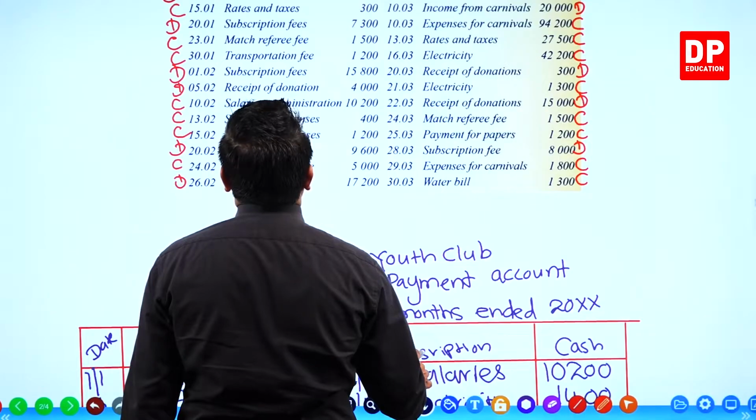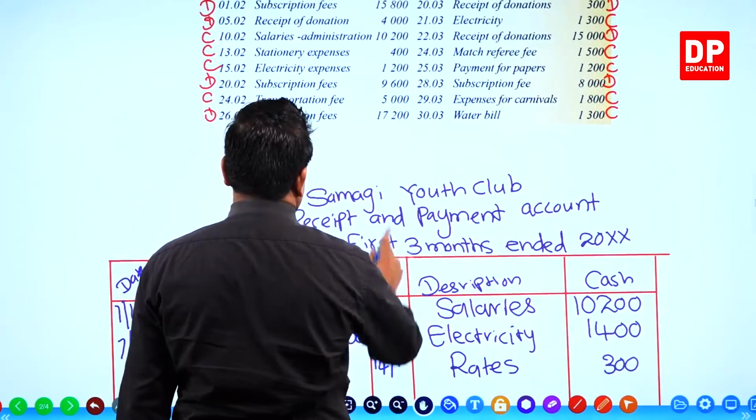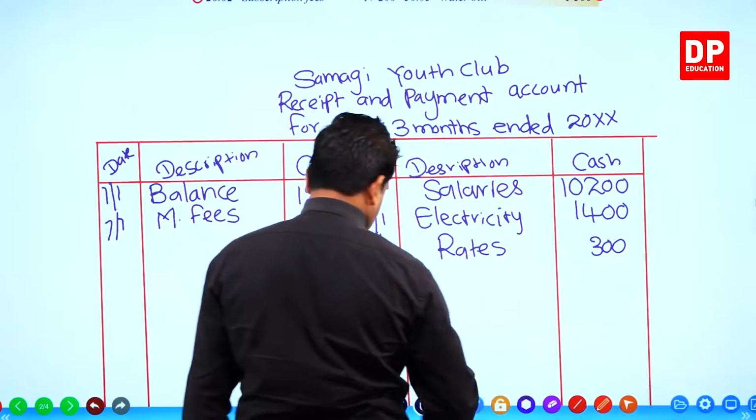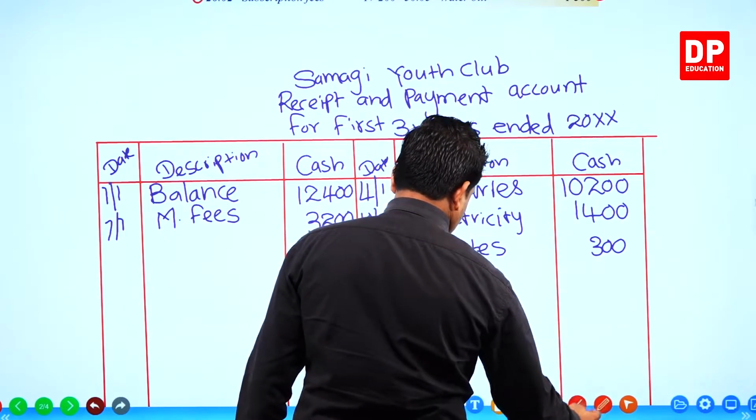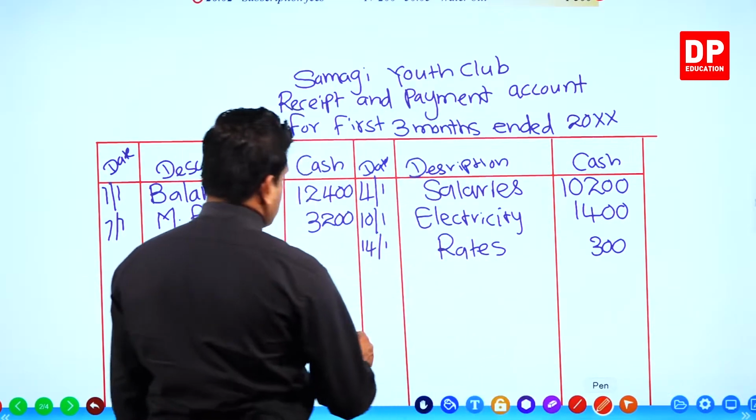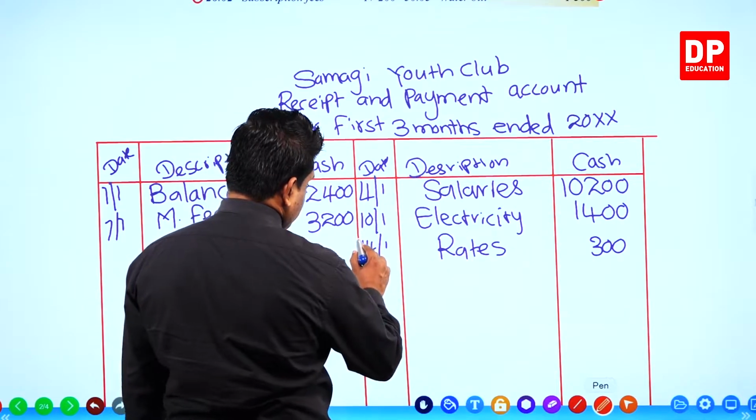Subscription fee 7,300. This should be 115, right?